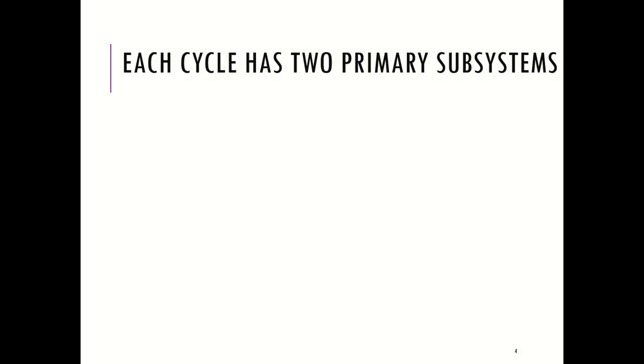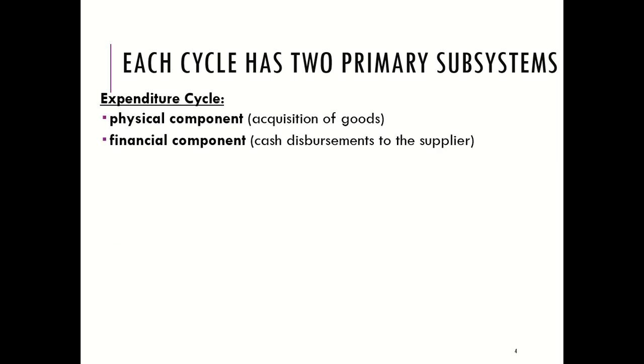So these cycles have two primary subsystems. Unahin natin yung expenditure cycle. Every business begins its activities with either acquisition of goods or materials, purchasing of assets or properties, and also labor in exchange for cash. So this is all about the expenditure cycle, how we spend the money that we have.